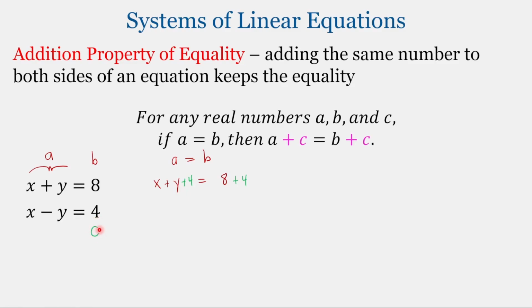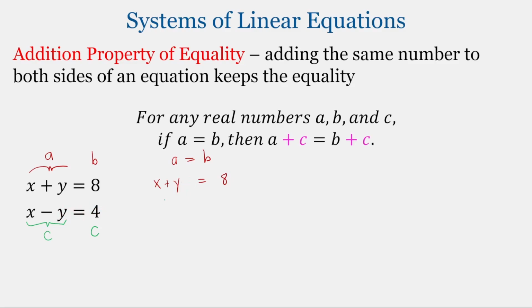But what we can do, if c is equal to 4, and 4 is equal to x minus y, because the left side of this equation is equal to the right side, if the right side is c, that means the left side is also c. x minus y is the same thing as 4.